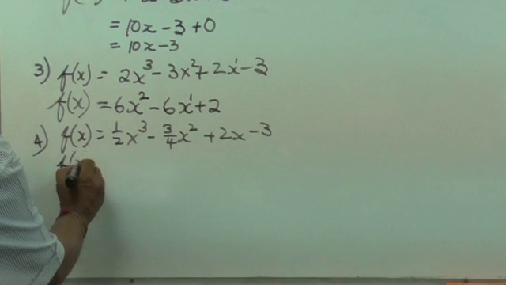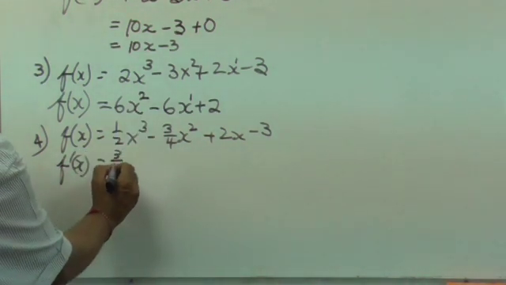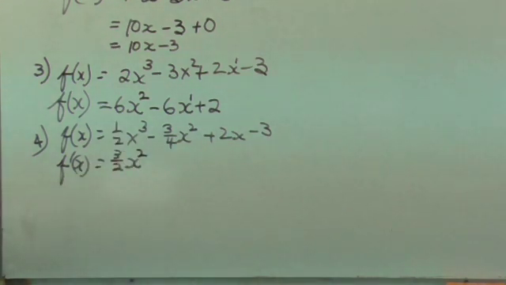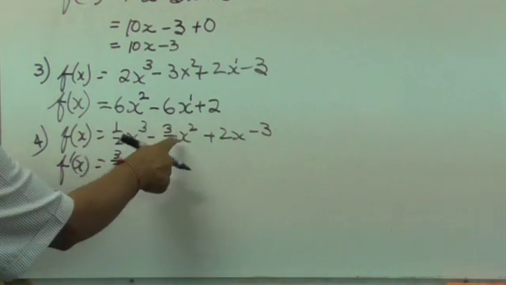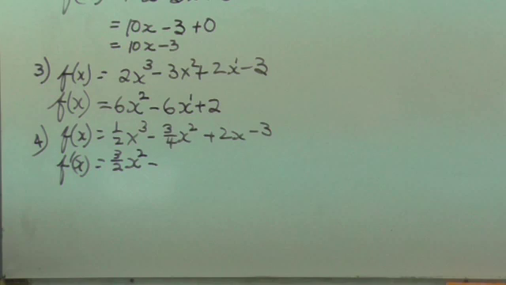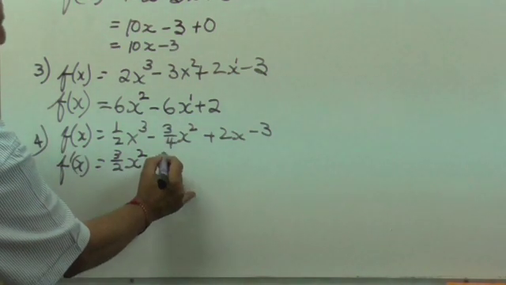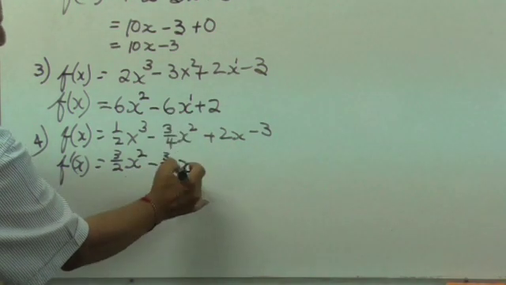So f prime x, use your calculator. 3 times half, you will get 3 over 2x. 3 minus 1 will give you 2. Then 2 times minus 3/4. Put it in your calculator and you will end up with minus 3 over 2. Write down x. 2 minus 1 will give you 1.